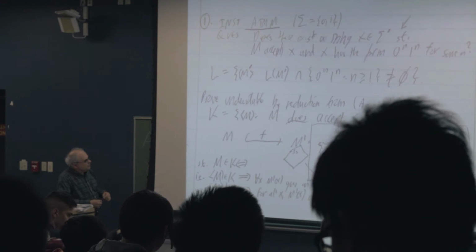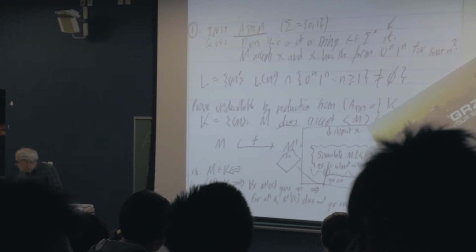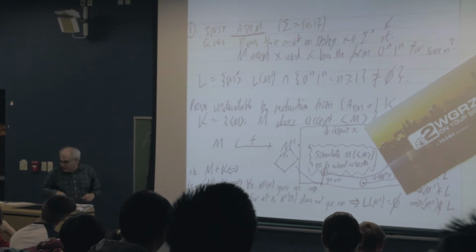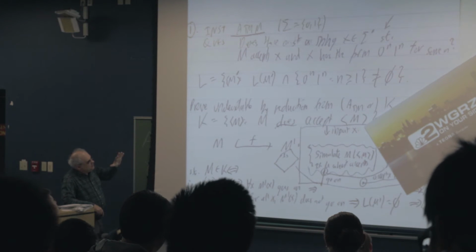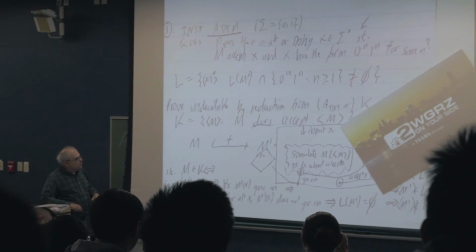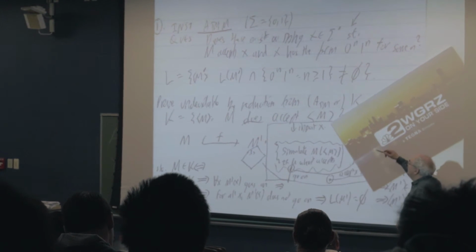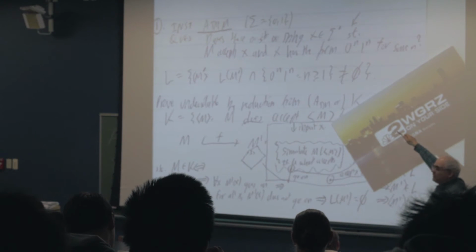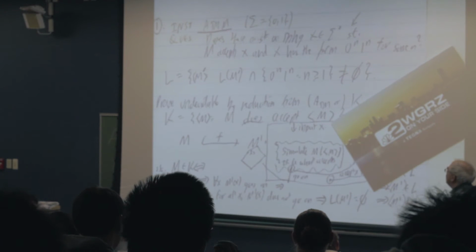If I had gotten rid of this part of the machine, and it went right to accept right away, then what I would write here would be L of M prime equals sigma star. And then sigma star intersect that language is certainly non-empty, and that would imply that the code of M prime belongs to that. Okay. So that's a wonderful point.